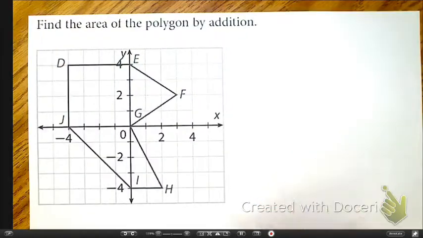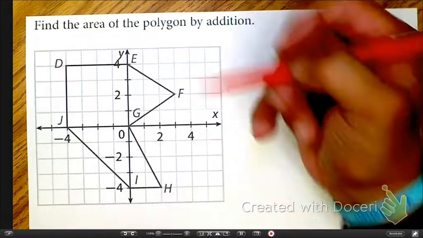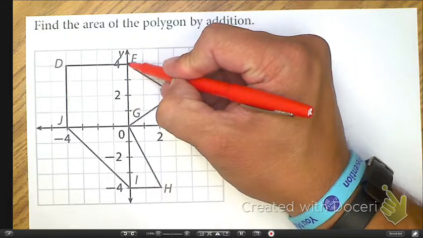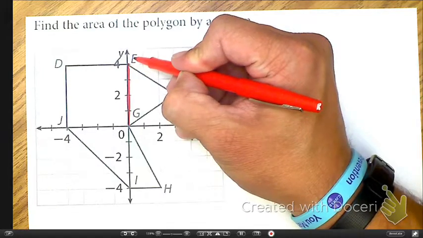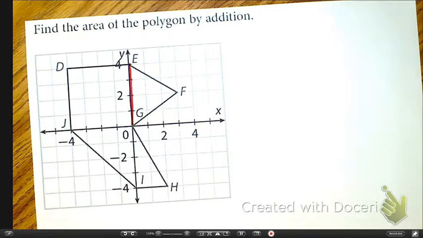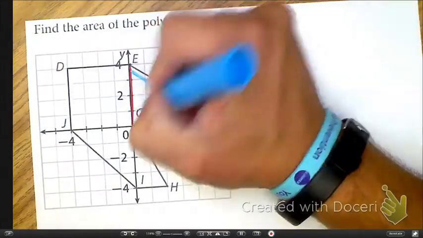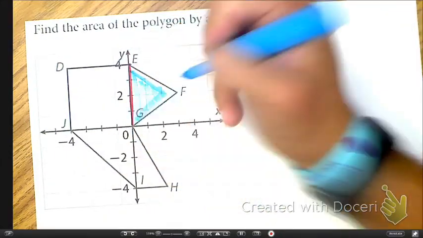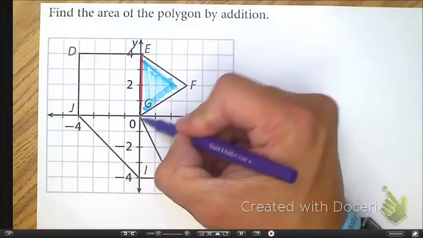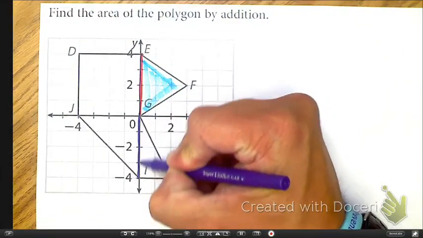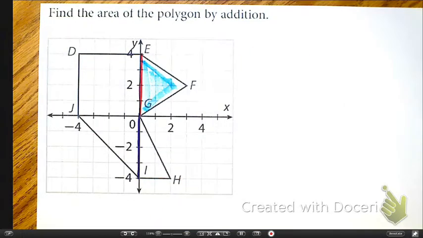Again, we want to cut this into the easiest possible smaller shapes we can. As I'm looking at this, the first cut I'm going to do is right along the y-axis, right here along E to G. I cut that segment right there. Gives me a triangle I can work on. I continue that cut down the y-axis, and I created another triangle.